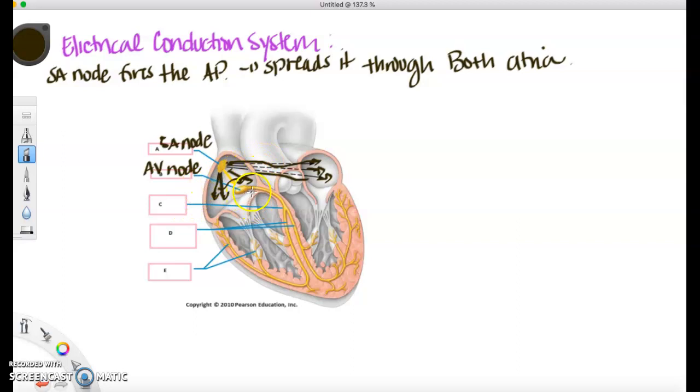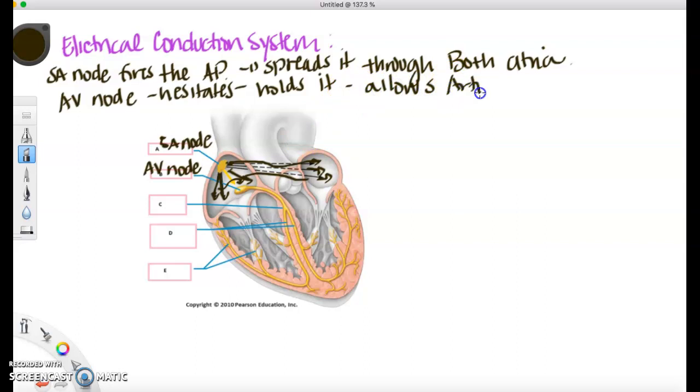Once it gets the action potential, the AV node slows it down by pausing. It hesitates. So it holds it for, like, a second or half a second, and it allows the atria to contract and to complete their contraction.